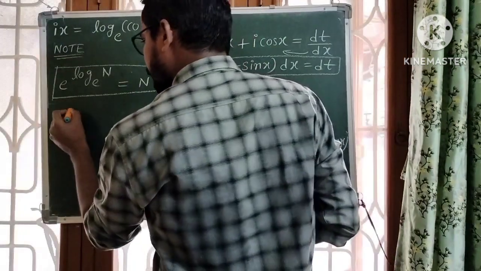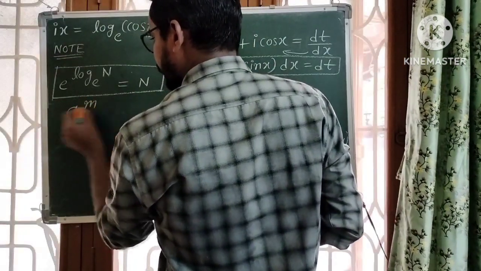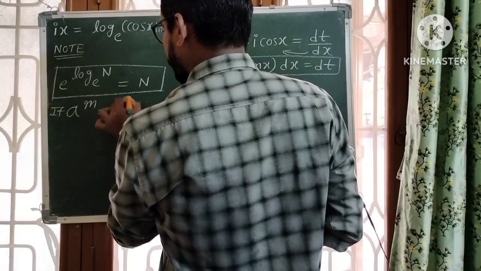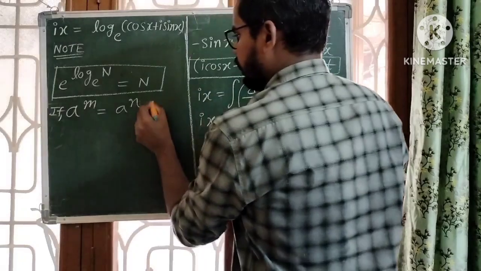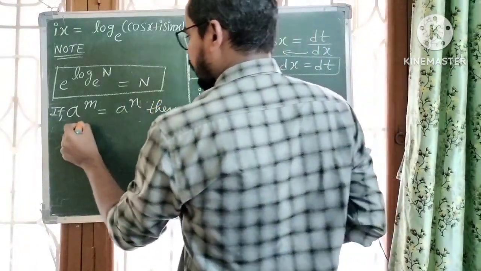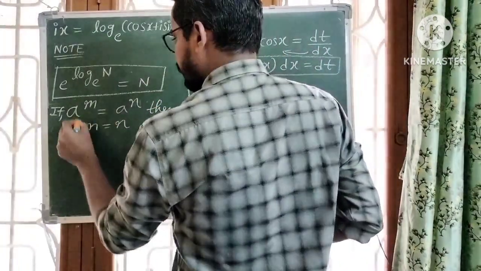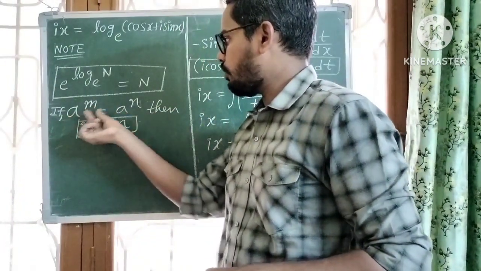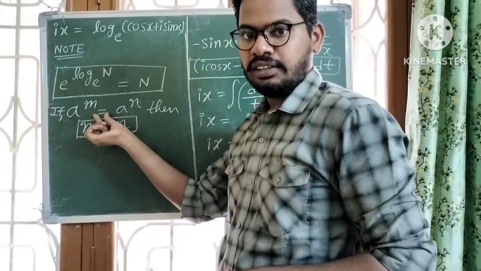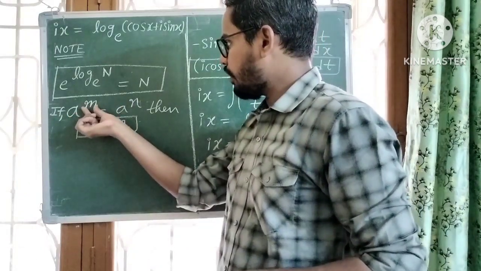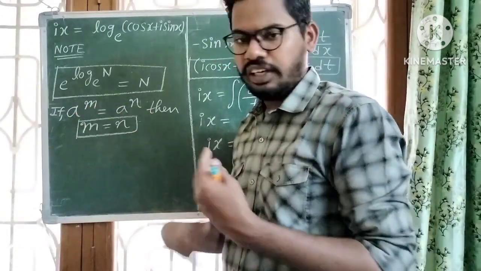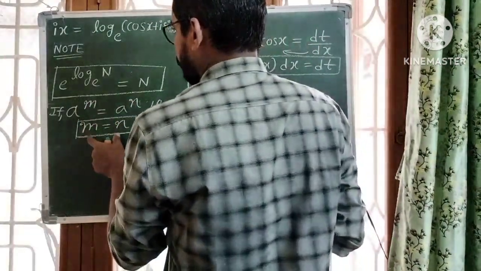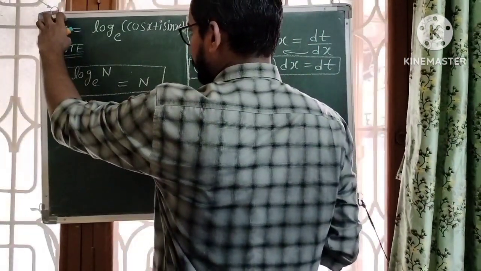In the laws of exponents, we know that if a power m is equal to a power n, then m is equal to n. It means if two exponential forms are having an equal sign and if the bases are equal, we can equate the exponents, m is equal to n.